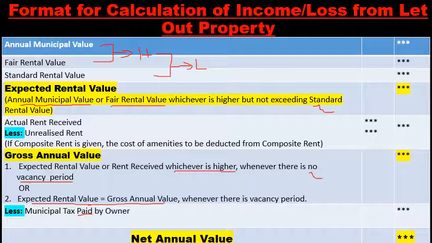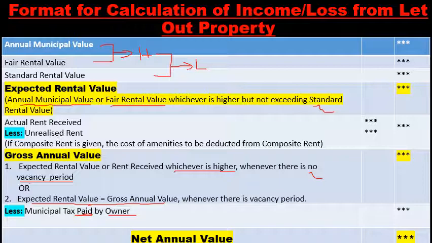If the municipal tax is paid in the previous year, you can deduct it, and it should be paid by the owner. If it is paid by the tenant, then it is not deductible. And the second point is it should be paid by the owner himself, not by the tenant.